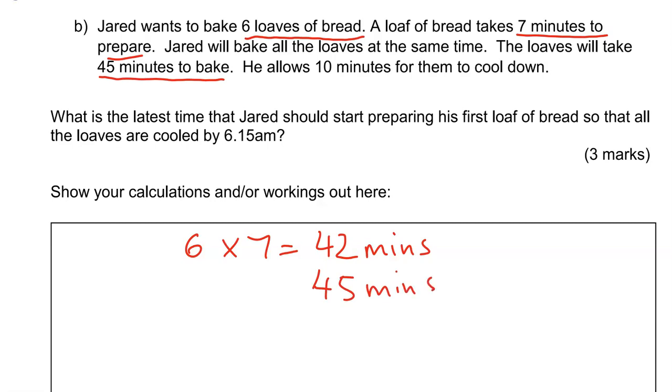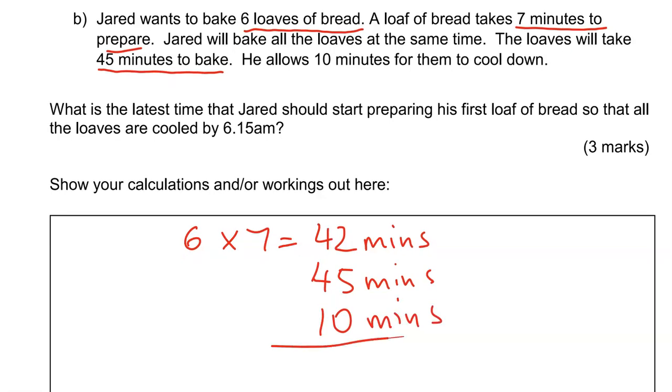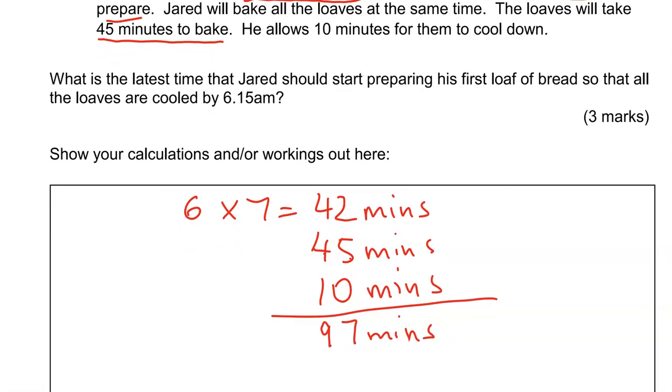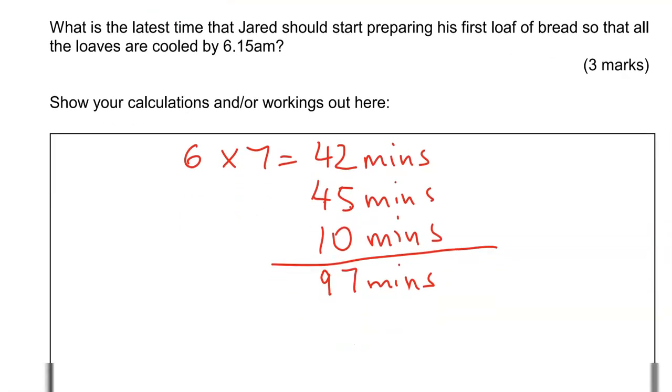And then he allows 10 minutes for them to cool down. So in total, this takes 2 and 5, which is 7. 4 and 4 is 8, and the 1, 9. So 97 minutes.